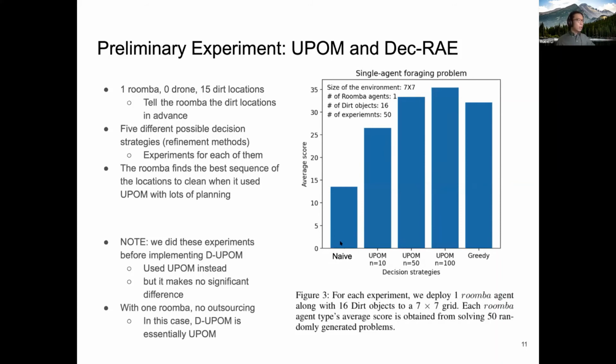And we observe that the Roomba can find the best trajectory, or the sequence of the dirt, a subset of the 15 dirt and their sequence to clean, when the agent uses the planner with a lot of planning, or the N means the number of Monte Carlo rollouts.